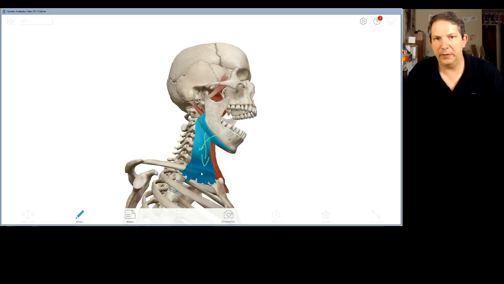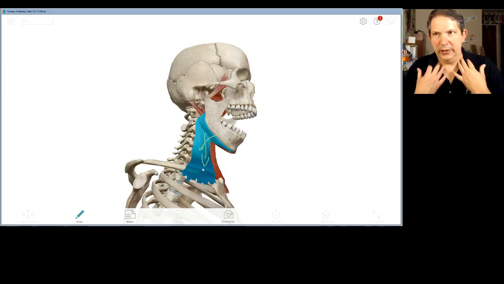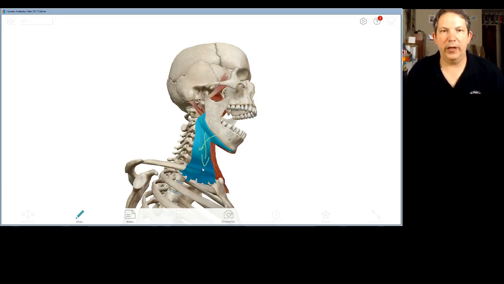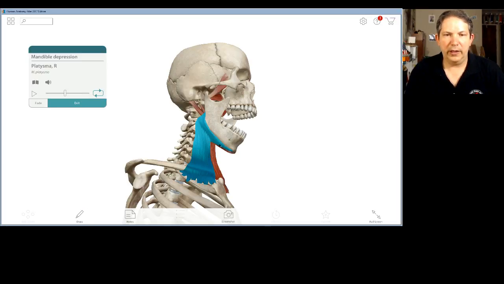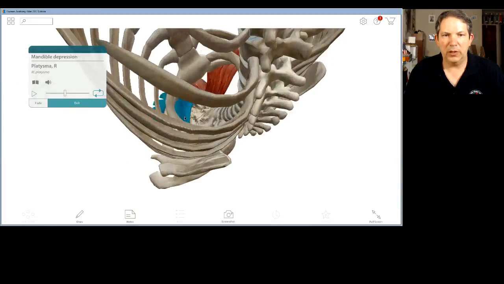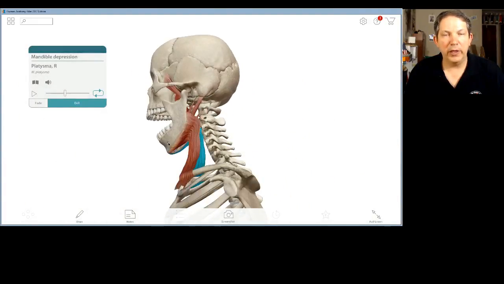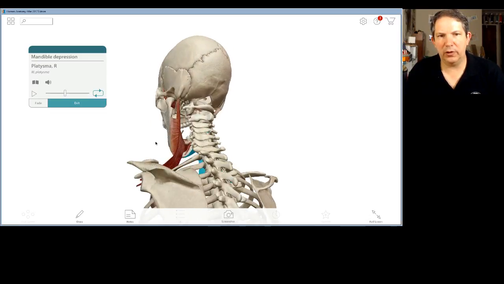You're not using this muscle to lift your chest up a little bit. You can kind of tell this isn't a really big strong muscle. It's kind of thin and weak, and frankly opening your jaw is not a super strong thing.